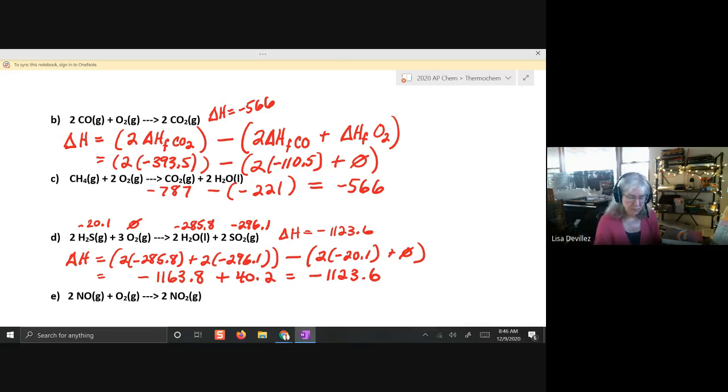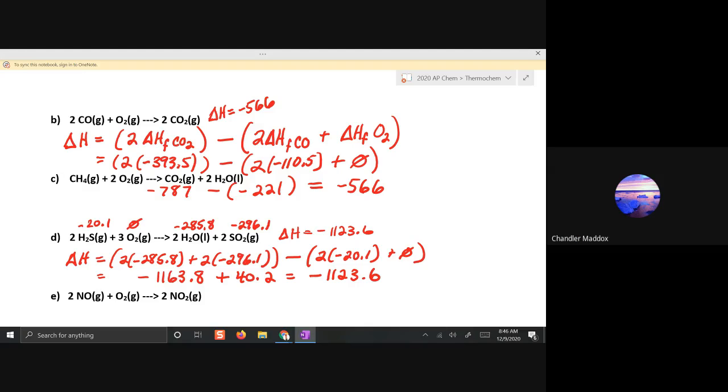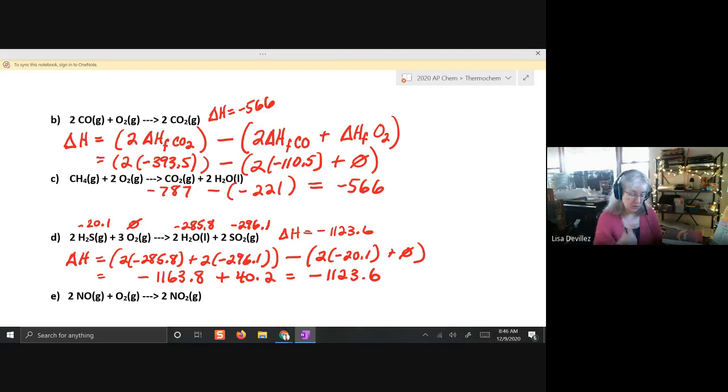You might see something like that in the quest, but that's kind of the only real variation on this kind of problem. So any questions? Okay, just remember products minus reactants.